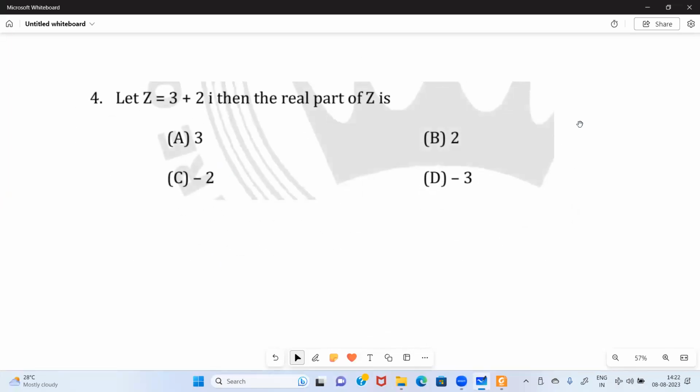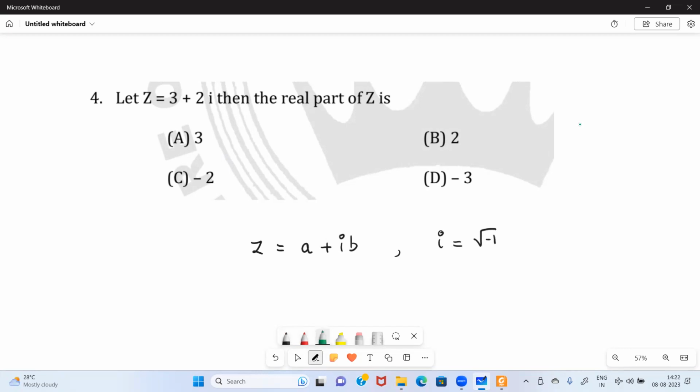Okay, students, let complex number z be equal to 3 plus 2i. Then what is the real part of z? See here, a complex number is given by the form a plus ib, where we know that i is square root of minus 1, right?